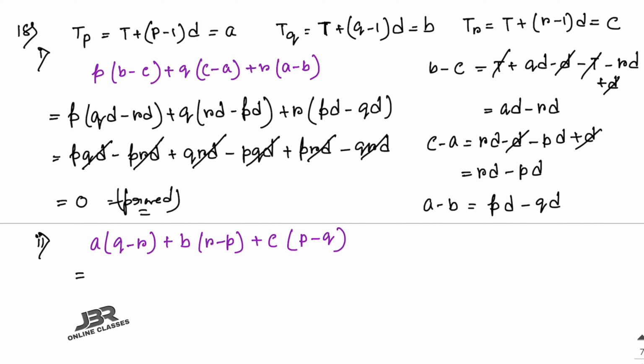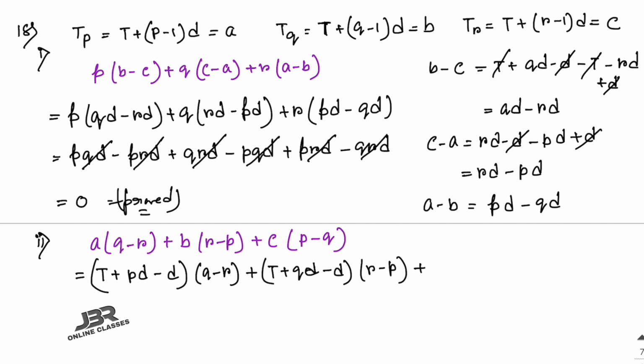It's a long problem. The value of A is T plus PD minus D, multiplied with (Q-R). The value of B is T plus QD minus D, multiplied with (R-P), and the last one, C, is T plus RD minus D, multiplied with (P-Q).